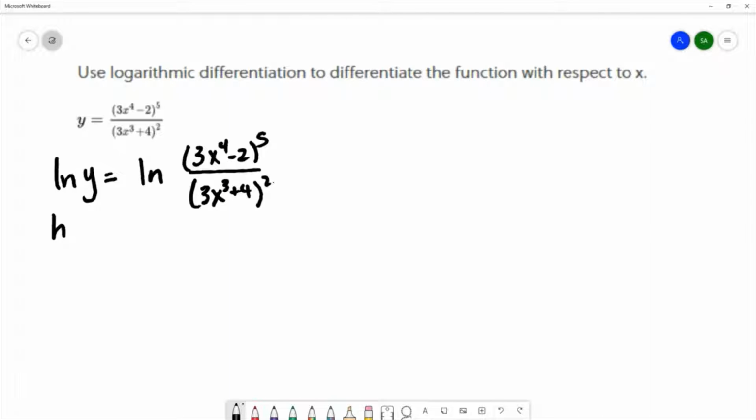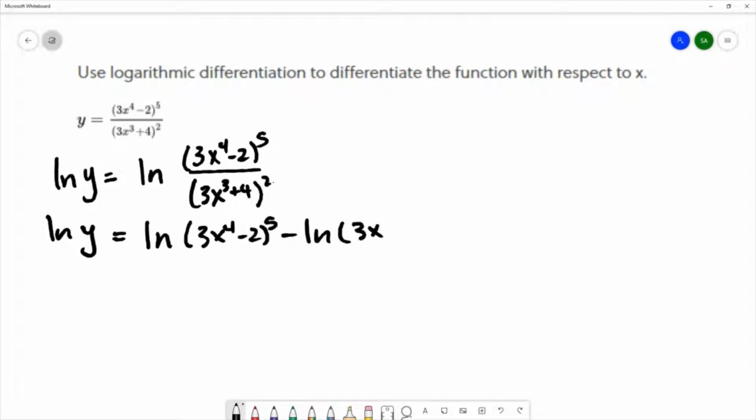So on the left, I've got natural log of y, and on the right, I would use the quotient rule for logarithms. That would allow me to write natural log of the numerator minus natural log of the denominator. And then I would use the power rule for logarithms.